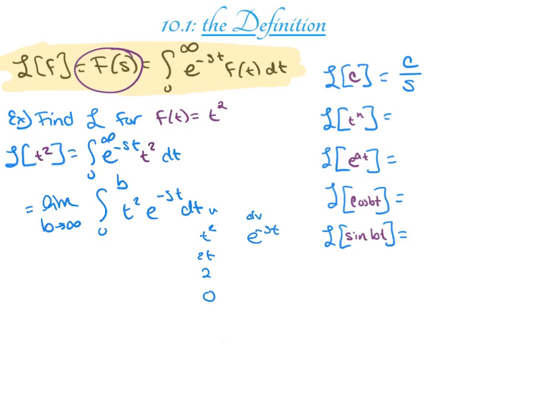The antiderivative with respect to t is negative e to the negative st over s. I'm going to move these down so they match up a little better. The antiderivative of that is positive e to the negative st over s squared, and then its antiderivative is negative e to the negative st over s cubed.